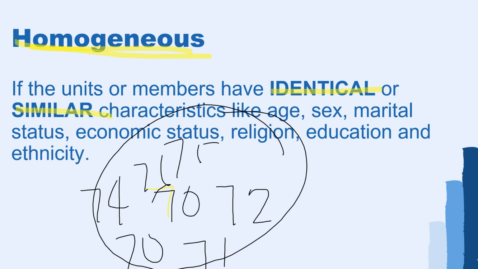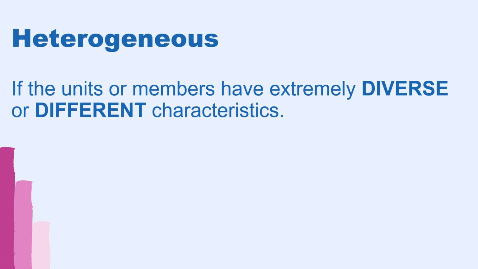Then, the next term that you will encounter is heterogeneous. So, dear students, when I say heterogeneous, it means different. The units or members have extremely diverse or different characteristics, meaning the characteristic would vary from one individual to another.